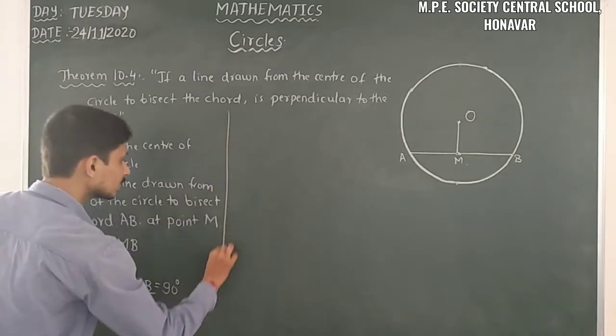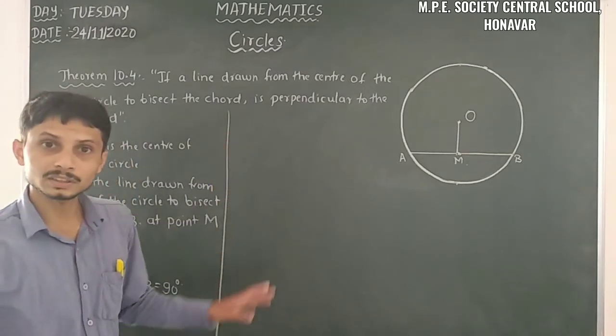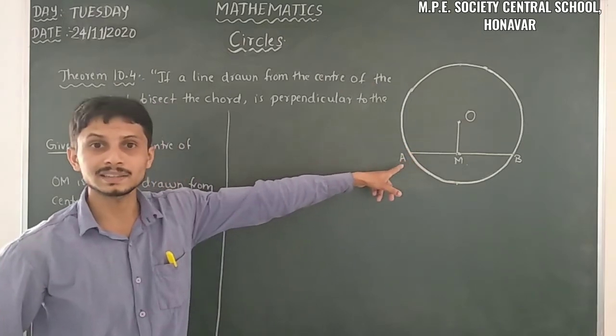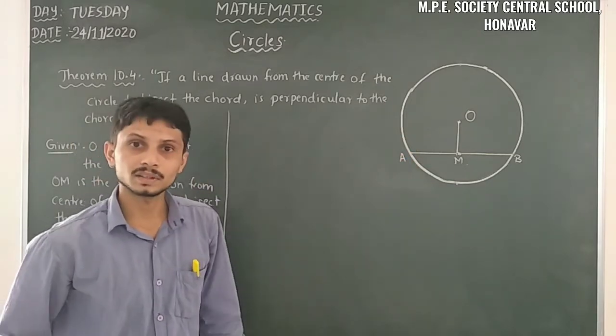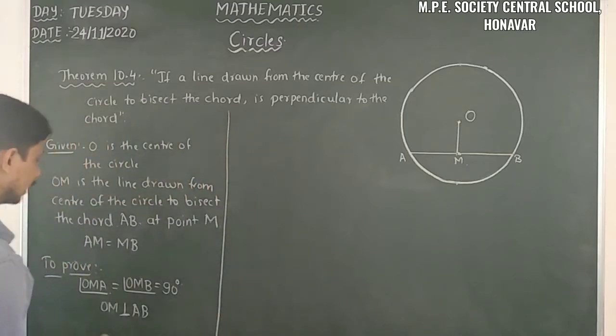Before that, is any construction needed? Yes. One construction is needed because there are no triangles here. For that we have to draw a radius.